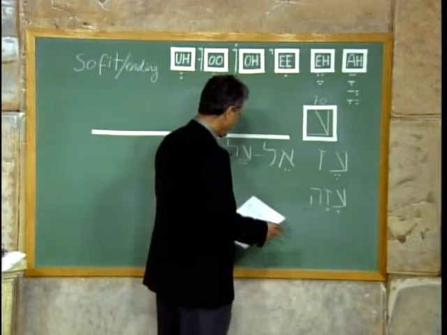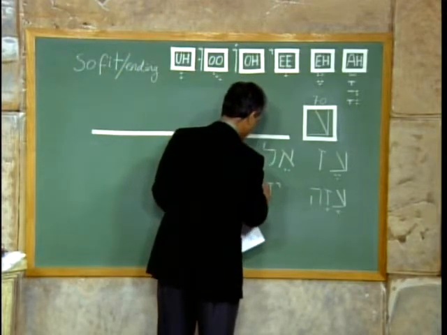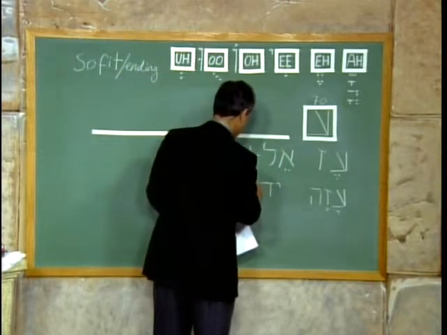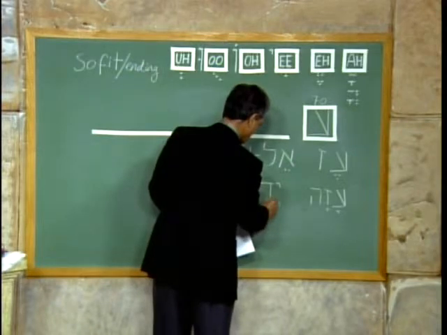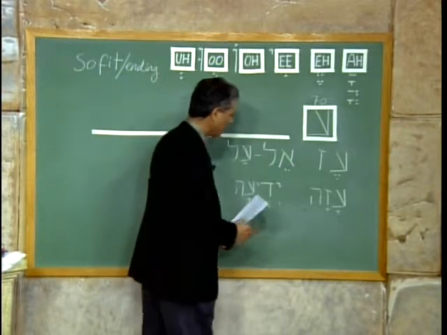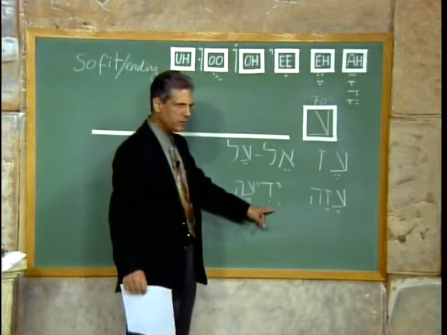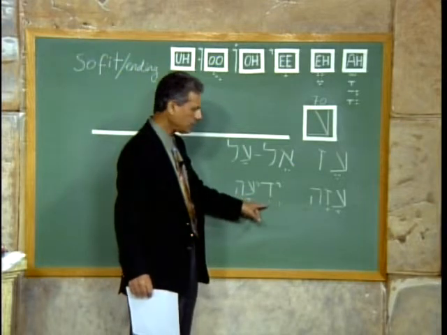Another word that we use in English is this, Yedi'ah. The letter Yud with an e sound, Ye, the letter Dalet and a Yud next to it and a dot underneath.